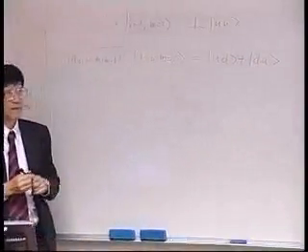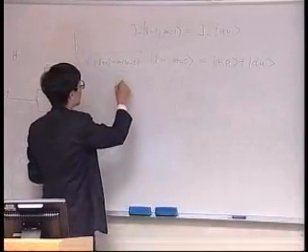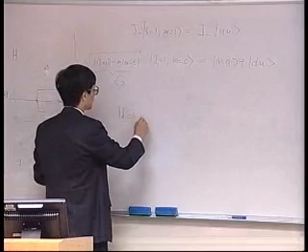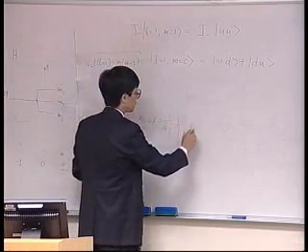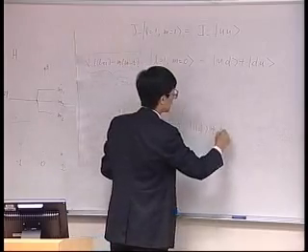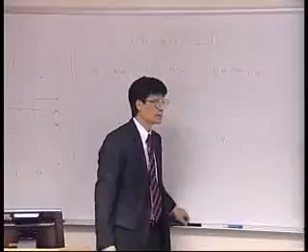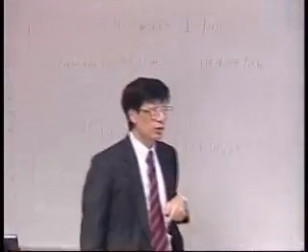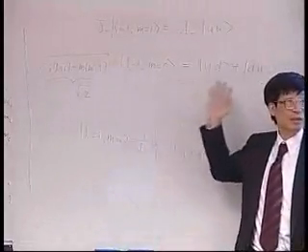Okay? And in fact, you work this out, I guarantee you this is square root 2. So I have the answer. That's the answer. Okay? Why do I know this? I don't even have to work it out. I know this is square root 2 because I know the thing must be normalized.